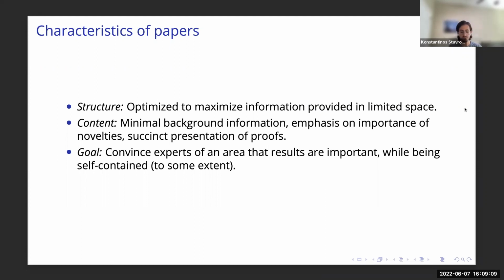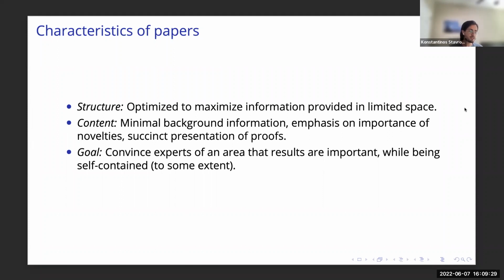In terms of structure, the papers are made in a way that enables them to be as concise as possible, so that they try to lay down as much information as possible in a very limited space.